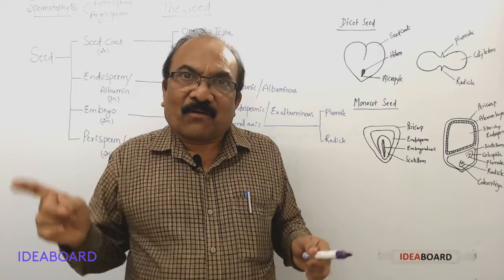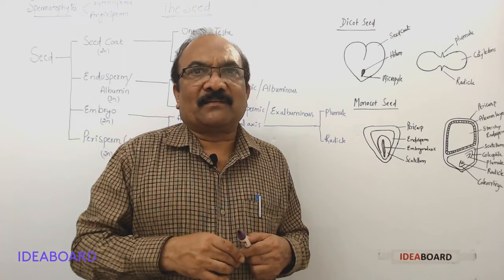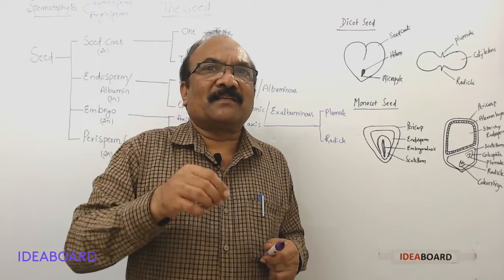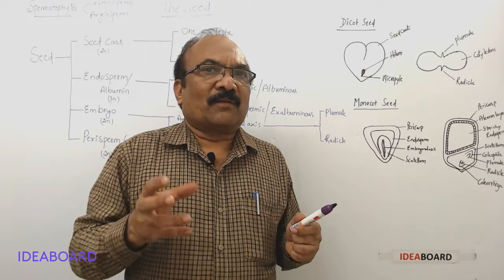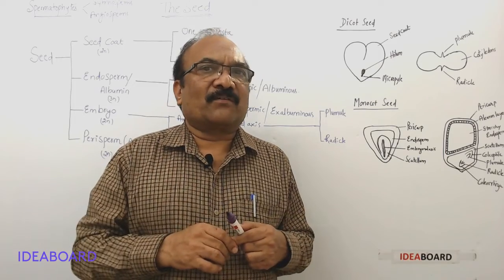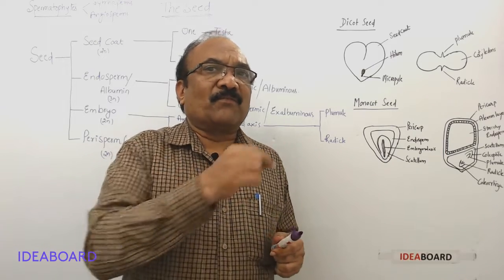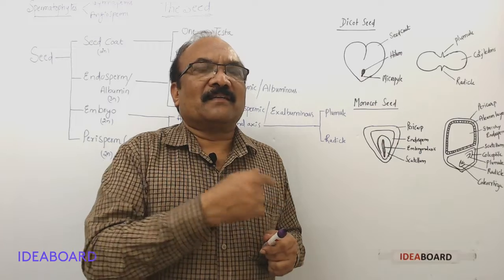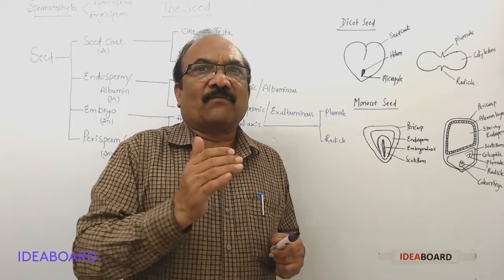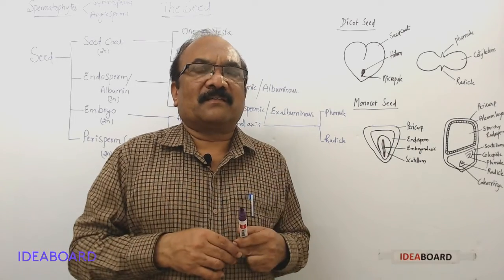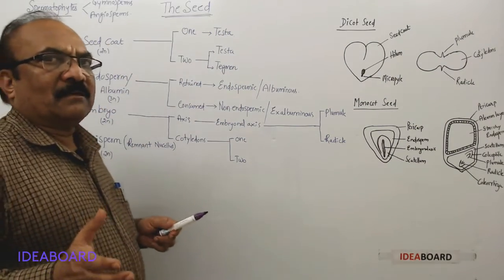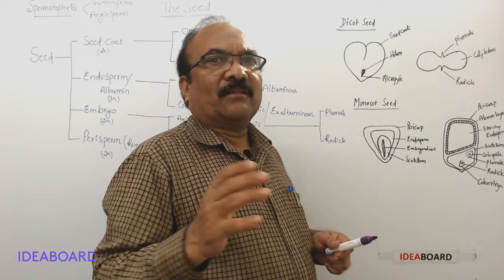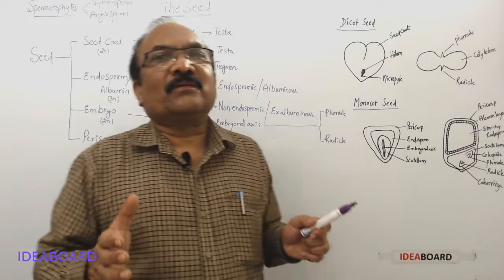So, while the ovary is becoming the fruit, the ovules will become seeds after fertilization. So, we can define the seed as what? A post fertilized ovule is called seed. That means after fertilization, the ovule is changing into the seed.